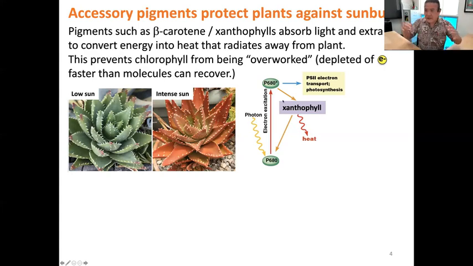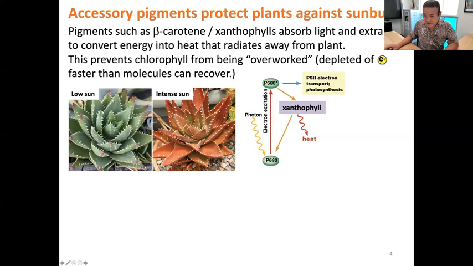So you can imagine if the sunlight is way too intense and electrons are constantly being booted off of this P680, the plant might get into trouble if it cannot keep up by replenishing the electrons to restore the P680 chlorophyll. So that's where these accessory pigments come into play.